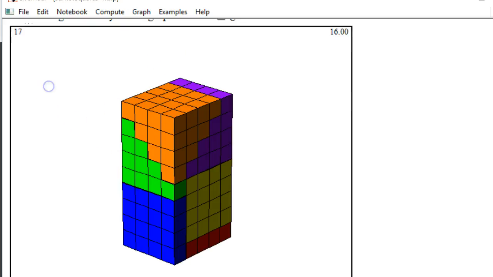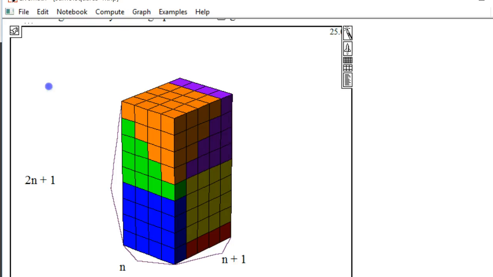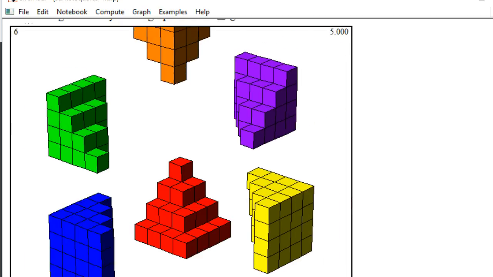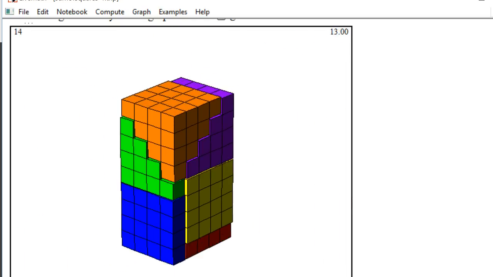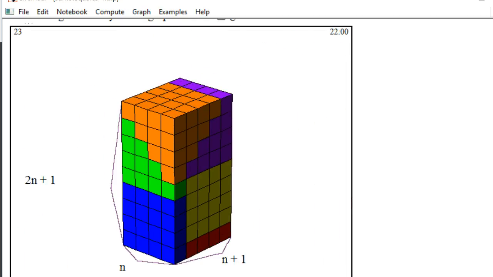If I let this go a little bit further in my process, it's n times n plus 1 times 2n plus 1. That's the number of blocks in the whole thing. I only wanted one of those, and there's actually 6. There's 6 things coming together, and I only wanted one of them. So n times n plus 1 times 2n plus 1 divided by 6.